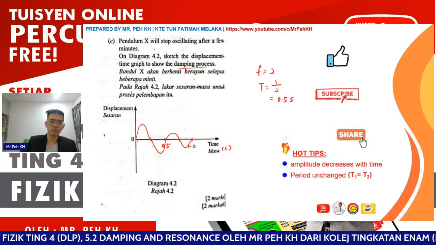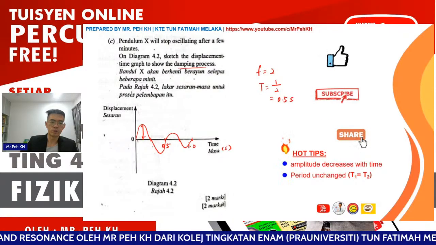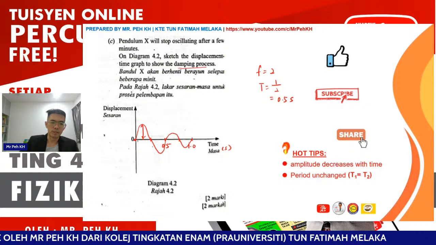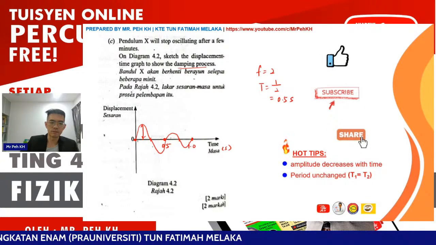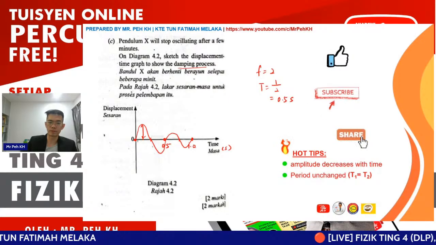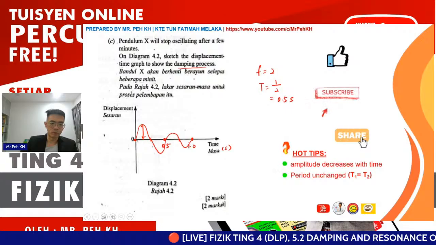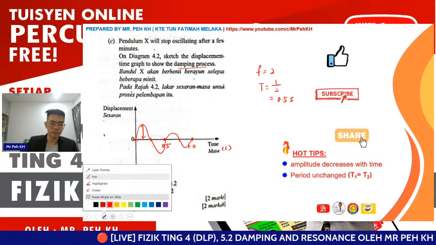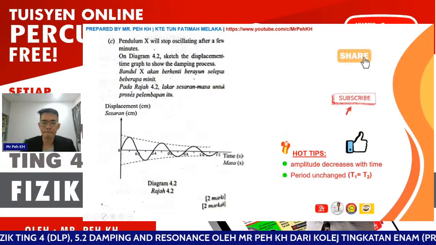So this will be the A1, this will be the A2. You can see the time taken for first oscillation and second will be the same. So you have to give 0.5 and 1.0 here, and show the amplitude decreases for your answer. Okay, so here will be the answer you want.